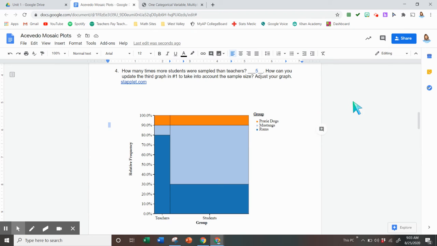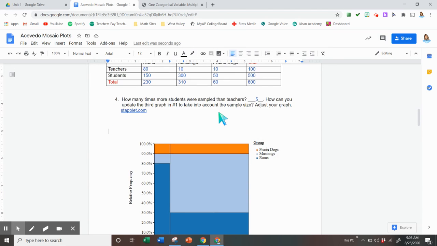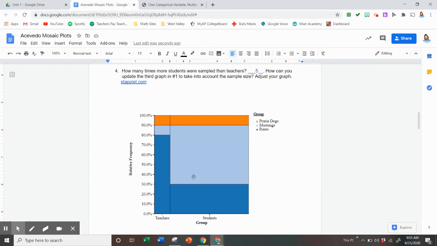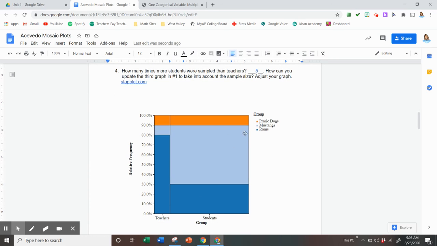Okay, well, let's analyze for number 5. So if we go look at our two-way table, we can see that the total number of students and teachers that chose Rams was 230. The overall total for Mustangs is 310 and 60 for Prairie Dogs. This is displayed here on our mosaic plot, and we could definitely see that the most votes is for Mustangs right here.